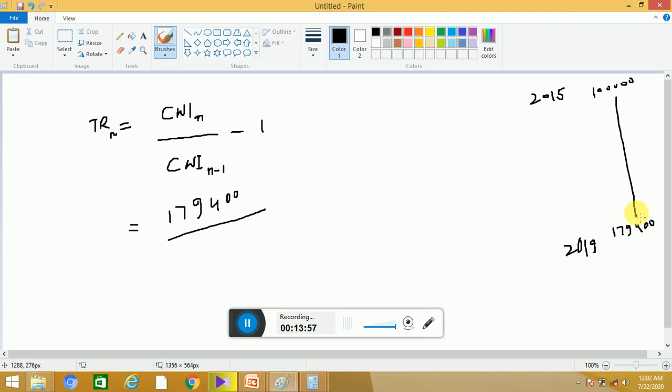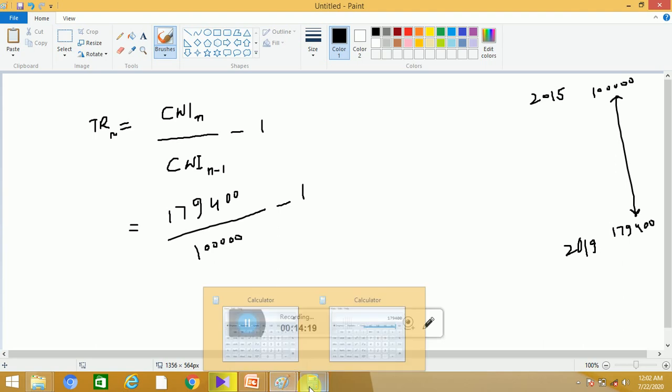Now we want to calculate the return between these 2 periods of time. So cumulative wealth index n minus 1, it is 100,000 and minus 1.